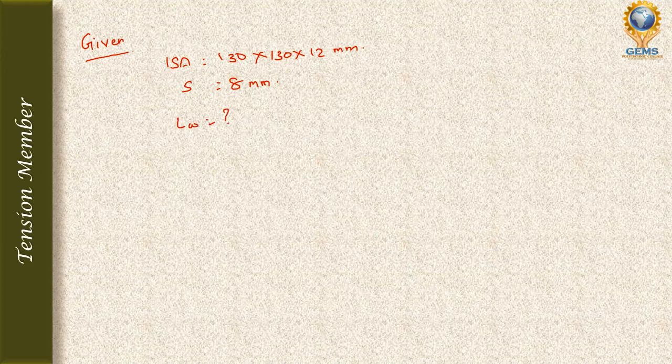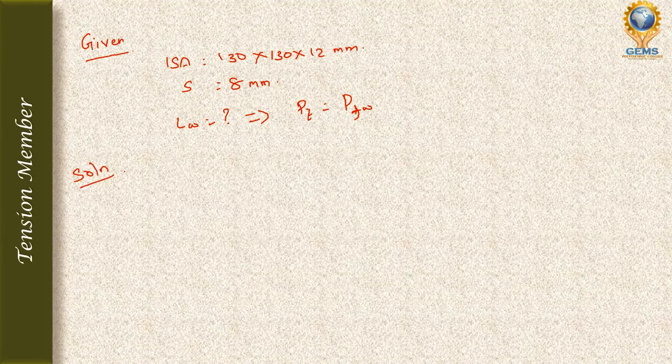So how can we find the LW? If we equate the tensile strength of the angle to the strength of the fillet weld, by this we can find the LW. Solution.